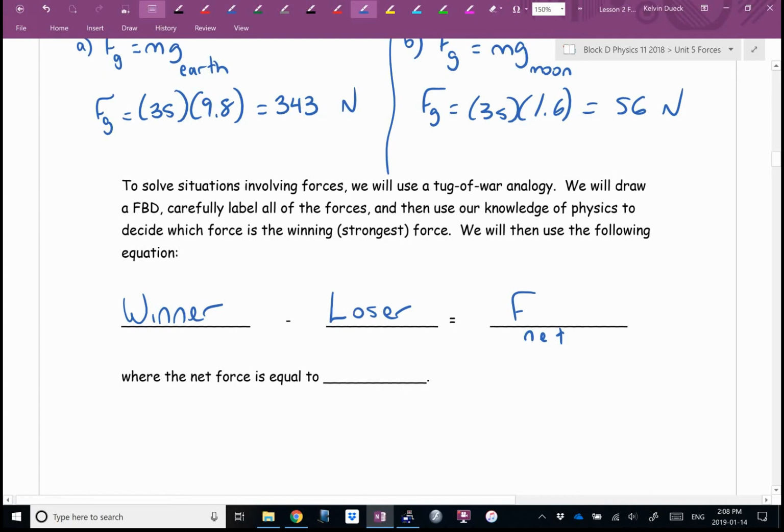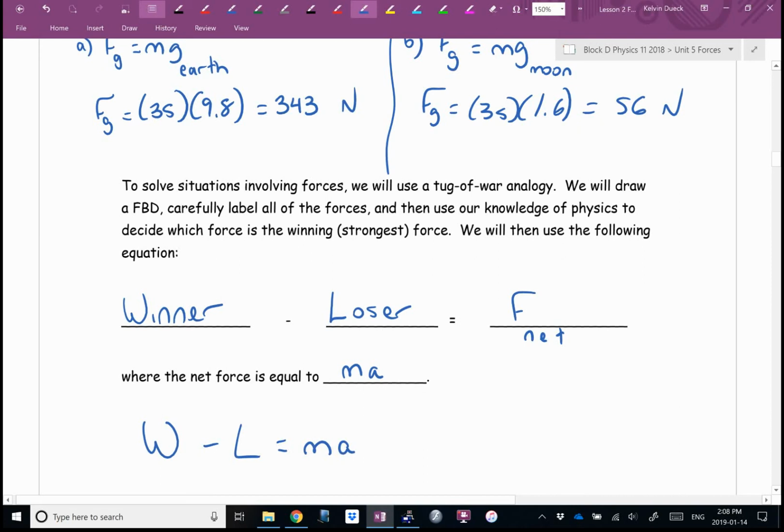Winner minus loser equals the net force. Although the net force is equal to F equals what? F equals what? So you'll often see me think to myself, winner minus loser equals ma.